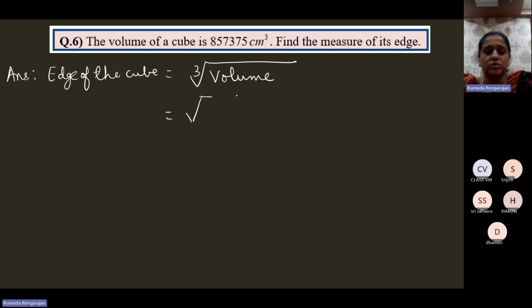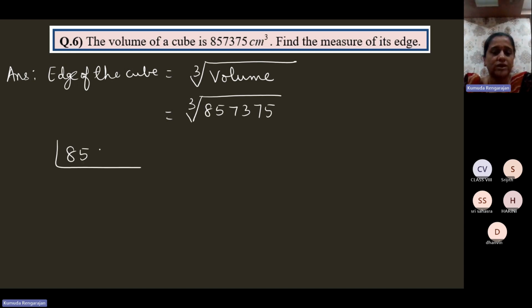That is cube root of 857375. So work the factorization of 857375. Find the cube root, and whatever is the cube root of this number is the edge of the cube. Yeah, finish this. Don't forget to write the question, children. Write the question and work the answer.